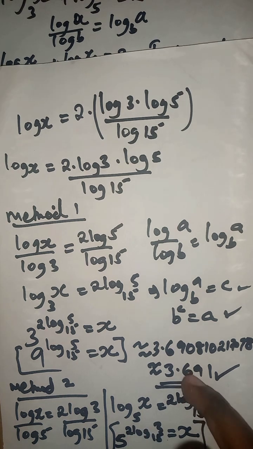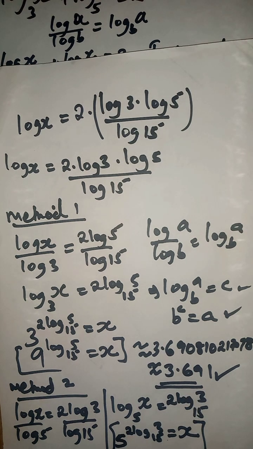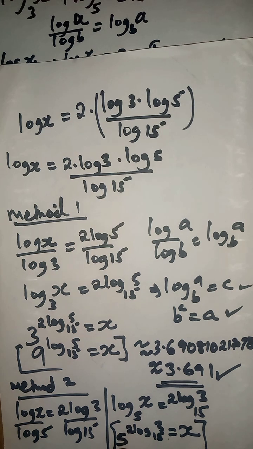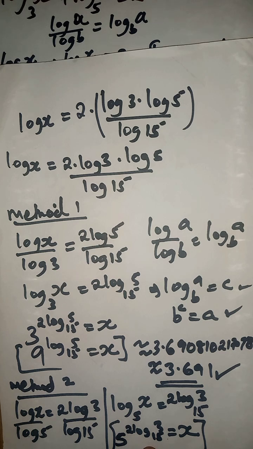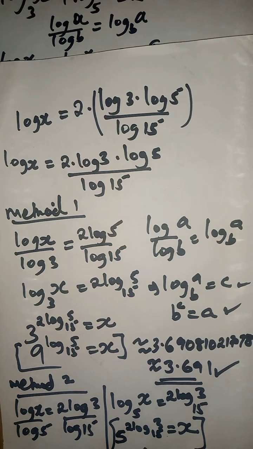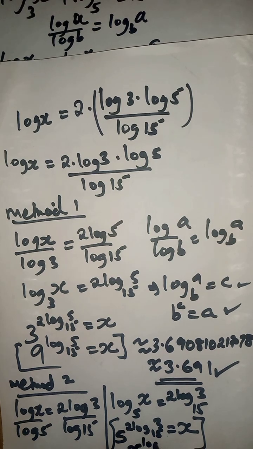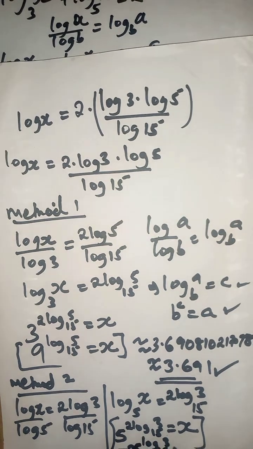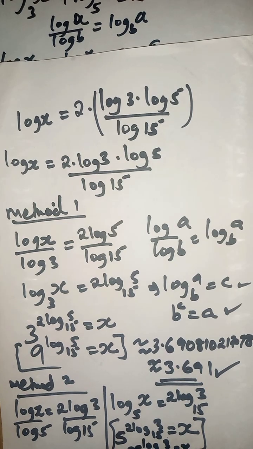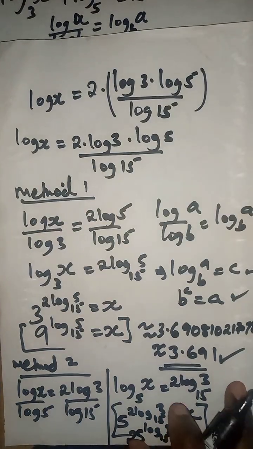3.691. Of course, punching it in our scientific calculator, 5 raised to 2 to the log of 3 base 15. Of course, 5 squared, I'm going to get 25 raised to the log of 3 base 15 is equal to x. Hope you're able to see it clearly.